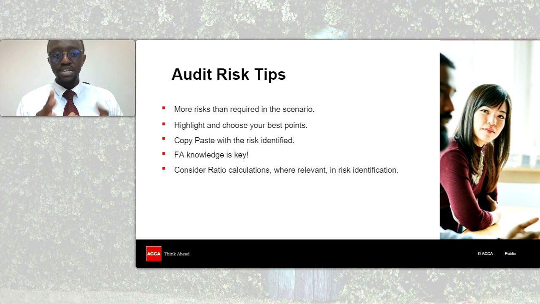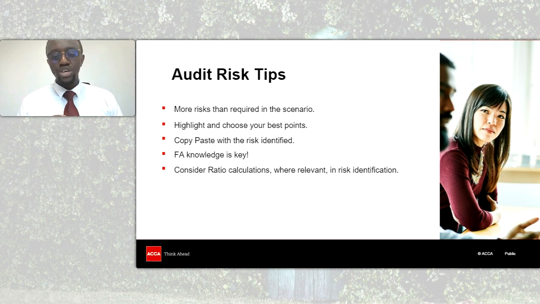Now, I want you to understand here, when you're copy pasting, you don't want to copy paste one part and leave the other. So if I only copy pasted, let's say for instance, that the ratios had increased from 40 days to 67 days, and I neglected the fact that the credit controller was absent, I would not get a full mark for identification.